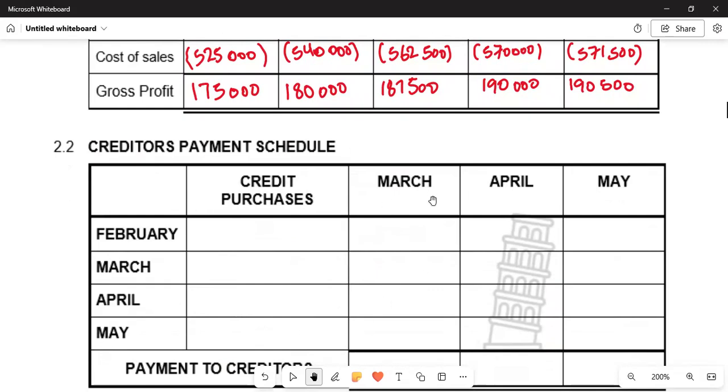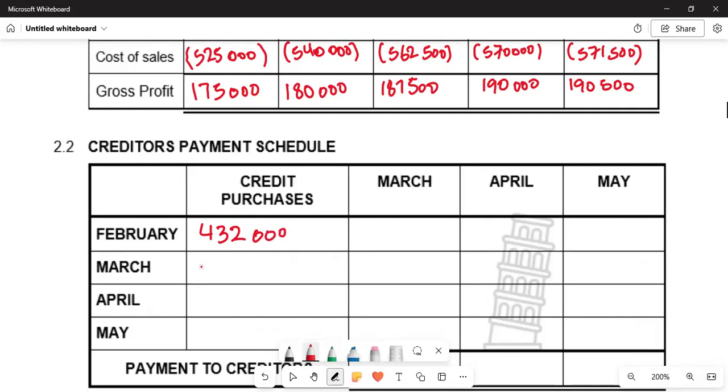So you're going to focus only on March, April and May. We were given the percentages that you're going to work with, so you're going to start from February. It's very important to know the credit purchases of February to May. So the credit purchase of February is 432,000.